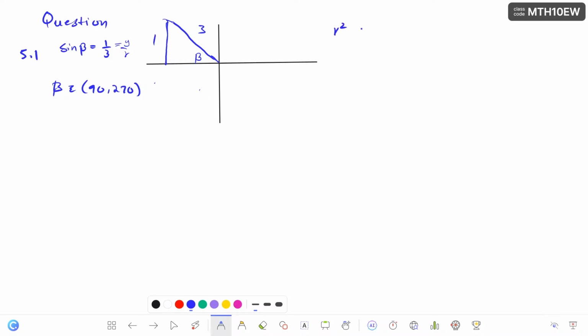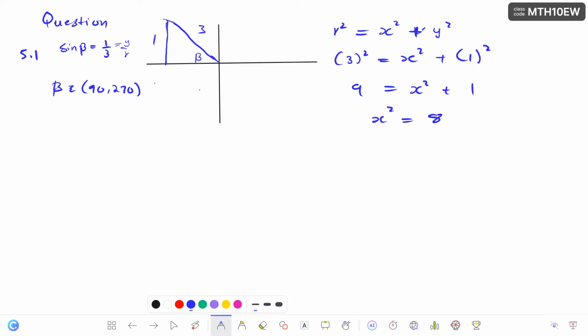So we're going to say r squared is equal to x squared plus y squared. So 3 squared is equal to x squared, which we don't know, plus y, which is 1 squared. This is going to be 9 is equal to x squared plus 1. So x squared is equal to 8.